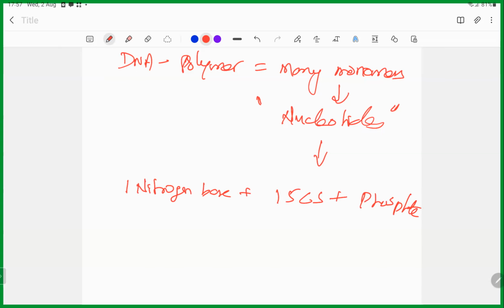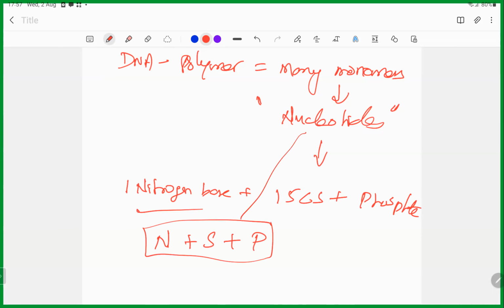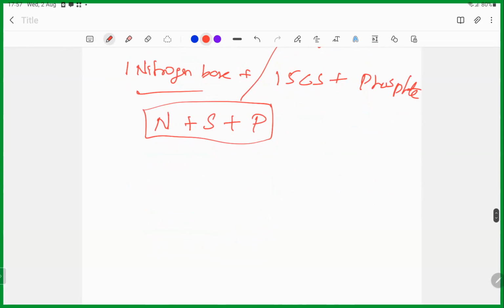What are the three components? Nitrogenous base plus sugar plus phosphate. All three together make a nucleotide.